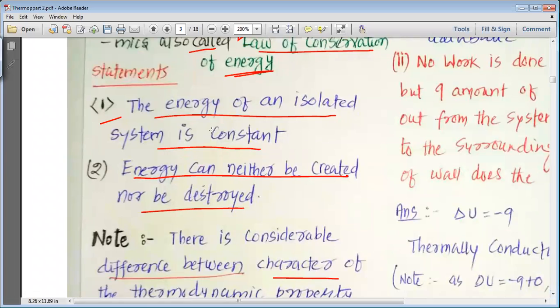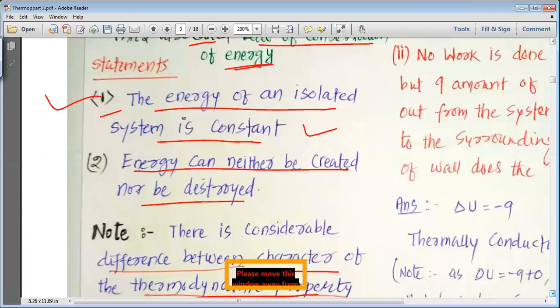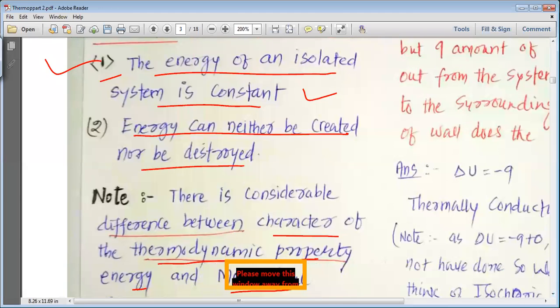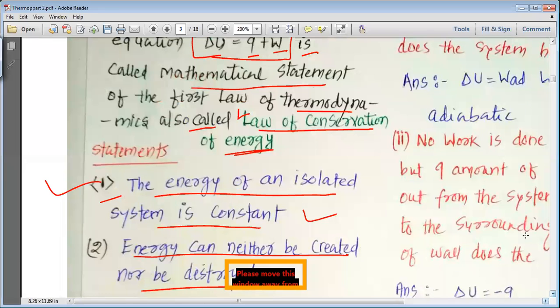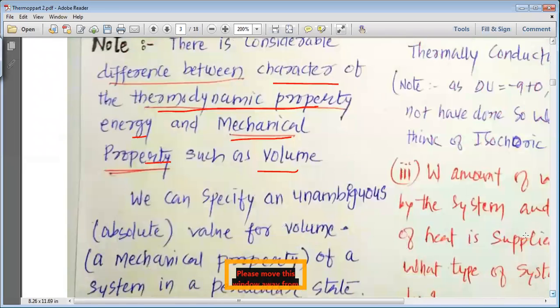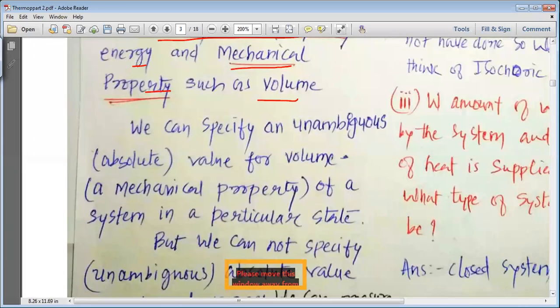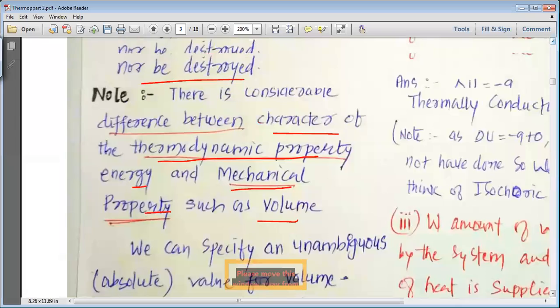Another statement says that the energy of an isolated system is always constant. This is how we study the first law of thermodynamics, and the equation delta U is equal to Q plus W is known as the mathematical equation for the first law of thermodynamics.